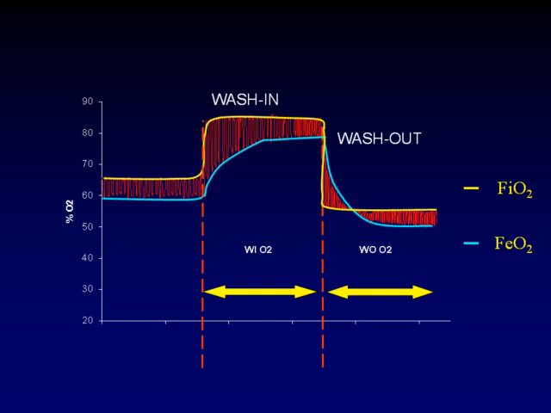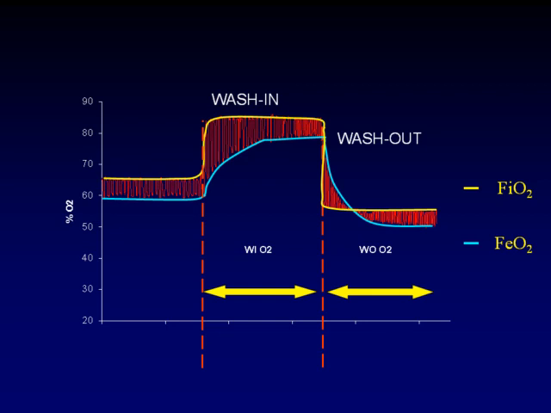Now, we have automated methods that measure the lung volume by the so-called wash-in, wash-out technique. You can do it by measuring oxygen or by measuring nitrogen.